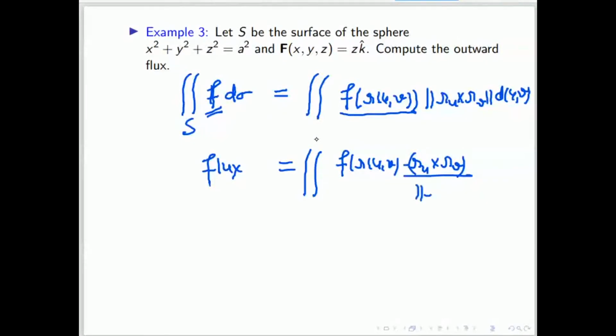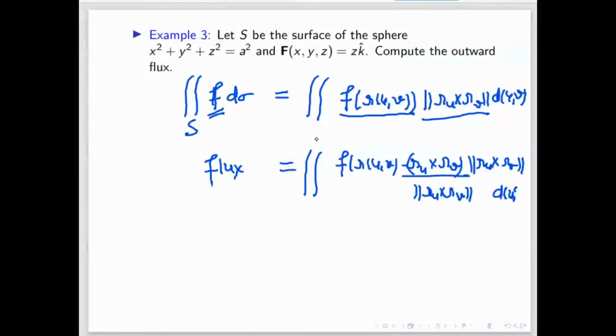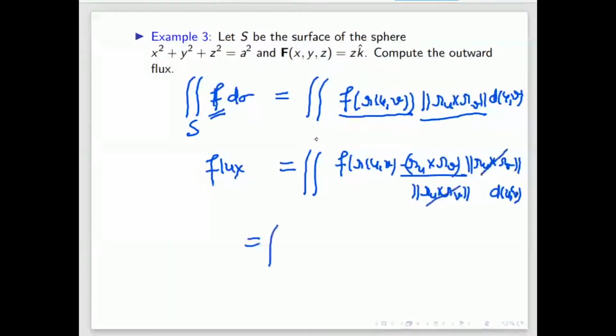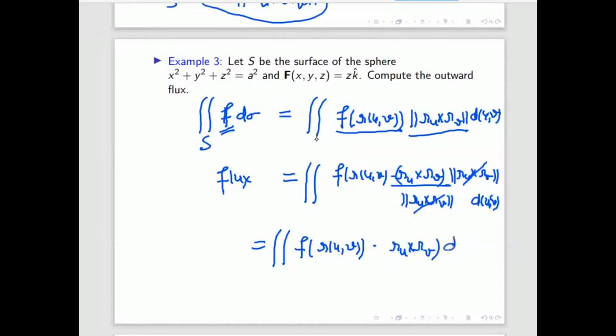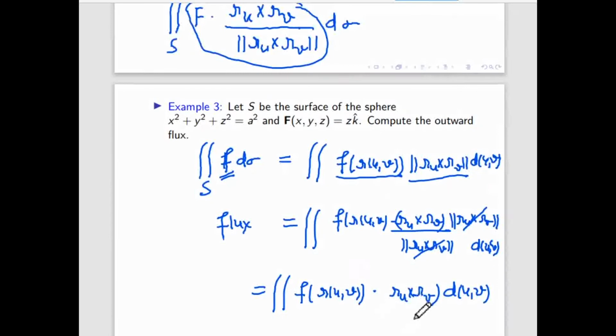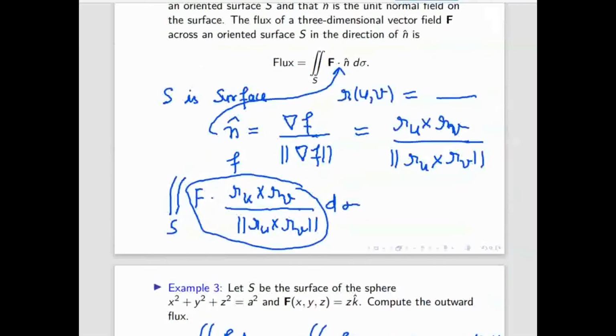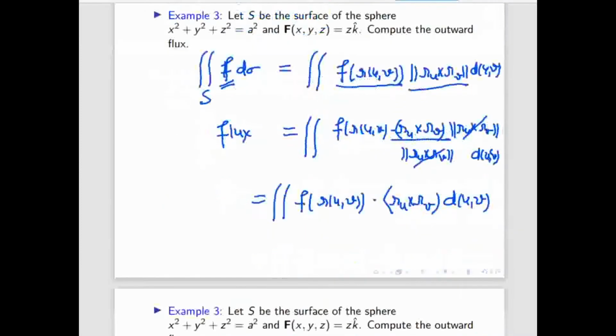So this is another formula for flux, and we'll use this formula to calculate the flux. This is not some new formula; this flux is the same as this one. I wrote it wrong here, it is capital F, and this is also capital F.